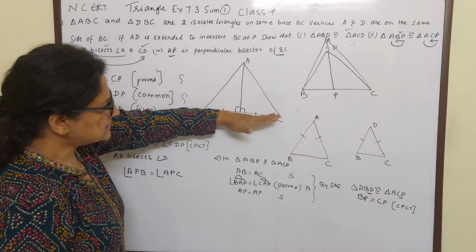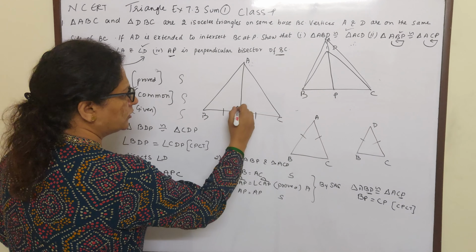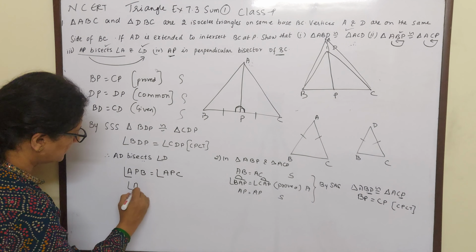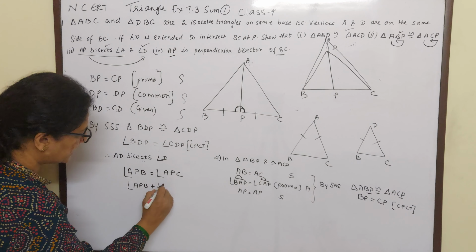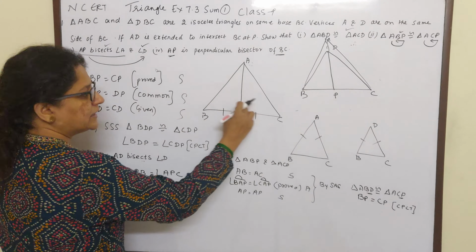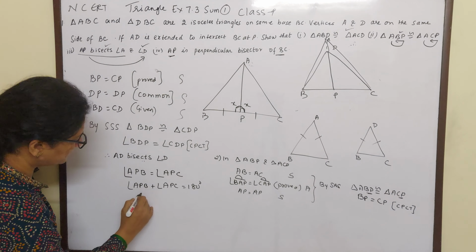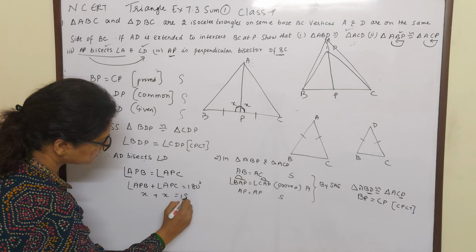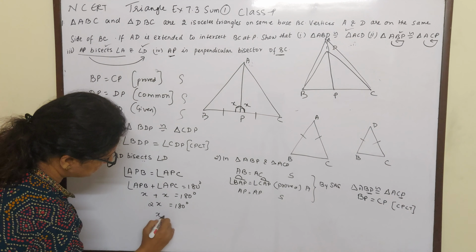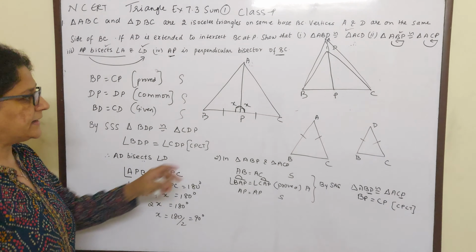But this is a line and this is a ray standing on it. So what do they form? They form a linear pair. So you can say angle APB plus angle APC is equal to 180. And they both are equal also. So if this is x, this is also x. So instead of this I can write x plus x equal to 2x, so x is equal to 90. Now what is x, children?